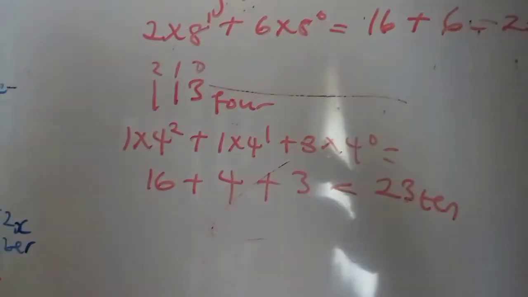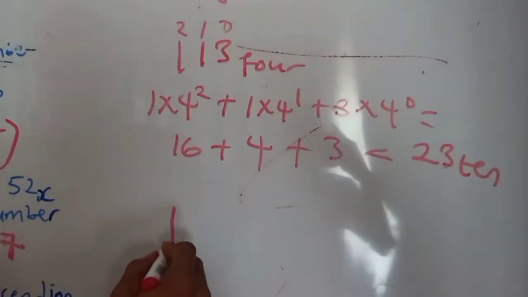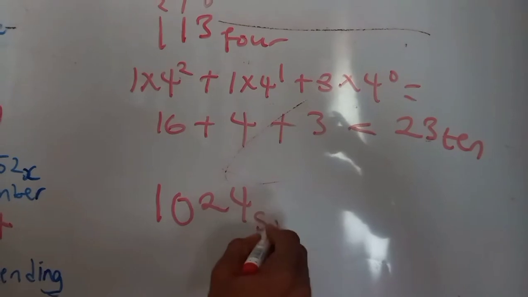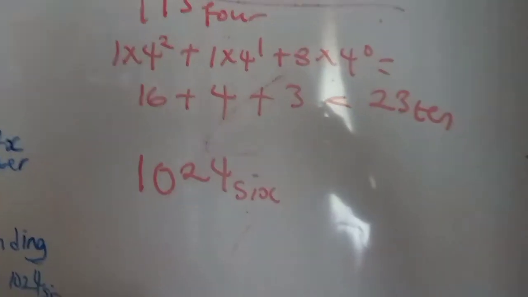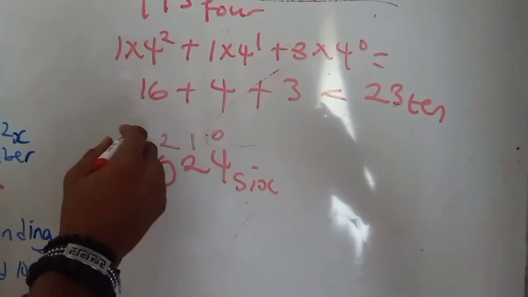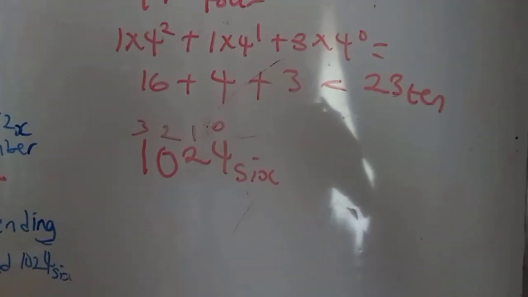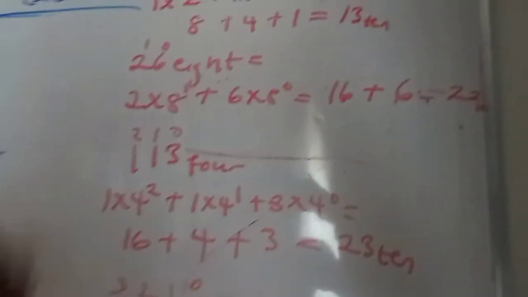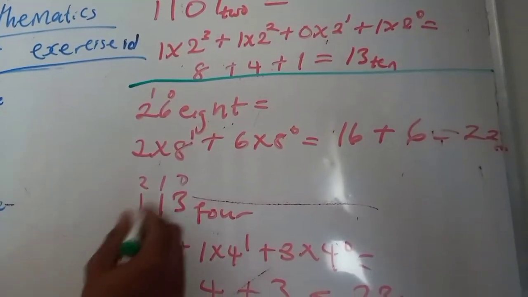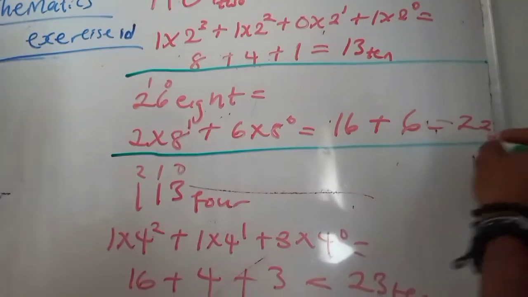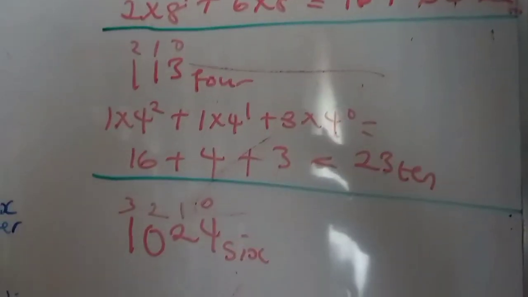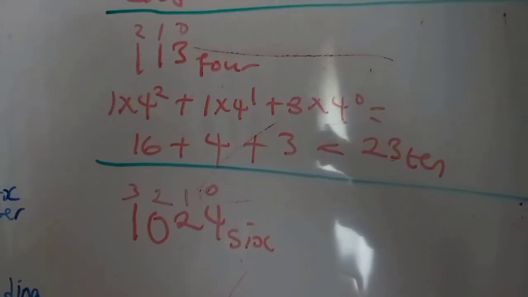Go to the next one, which is 1024 base 6. So we can say the positions are named 0, 1, 2, 3. Please don't get confused. Let me group them so you can understand what I'm doing here. This is the first one, this is the second one, and this is the third one, because we are finding them in ascending order based on the question.